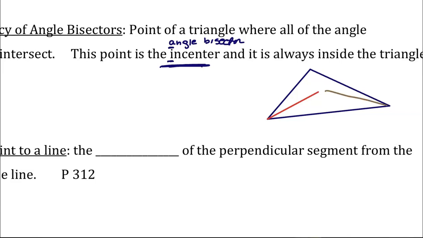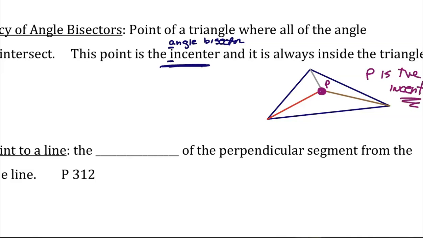Come in and bisect. And let's do another one, maybe in gray. There's going to be 3 of them. Come in and bisect. And do you see how, if I were to extend these, they would all meet right there? That point, we'll call that point P, is the in-center.